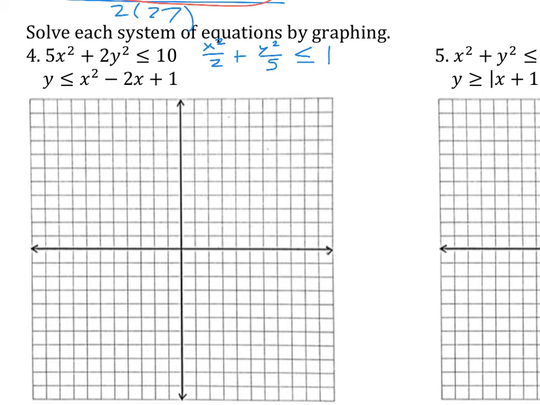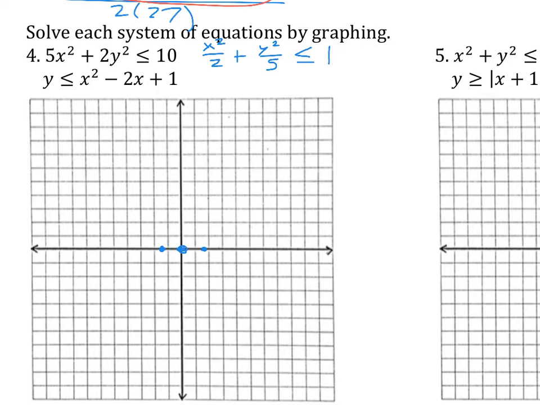Alright, then let's graph that first. So this is an ellipse centered at 0, 0. Because there's a 2 underneath x squared, we have to go the square root of 2 to the right and to the left. The square root of 2 is about 1.4.